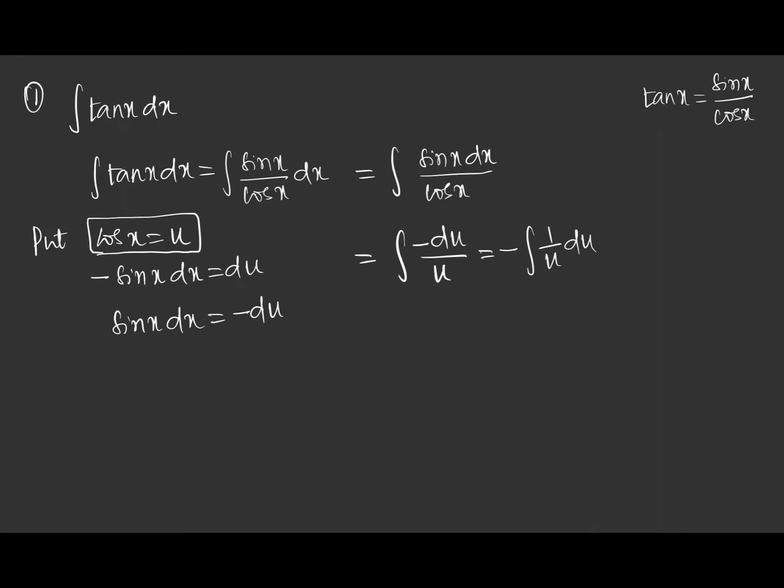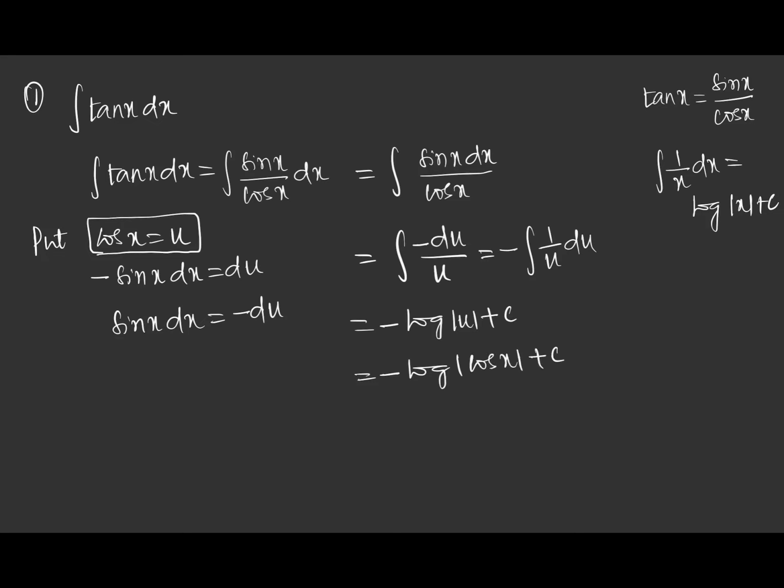We know that the integration of 1 by x dx is equal to log mod x plus some constant c. So, with the minus sign, we get minus log mod u plus c. Since the transformation is u equals cos x, we substitute back: minus log mod cos x plus c.